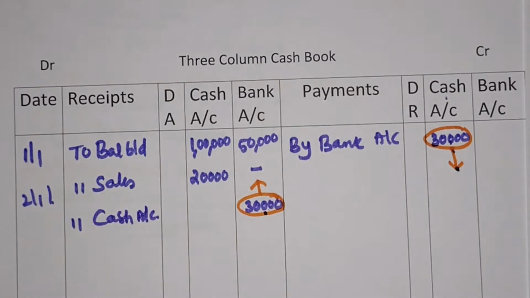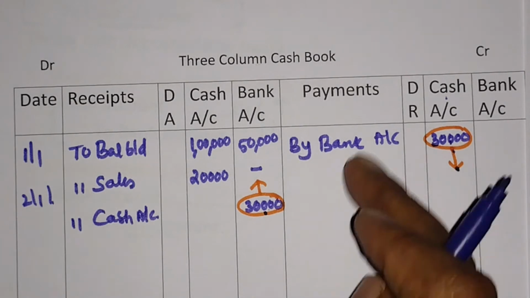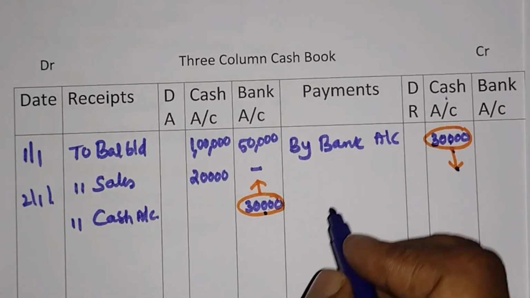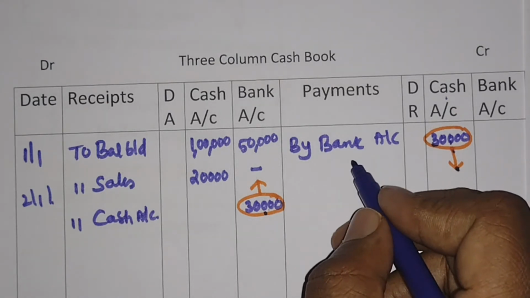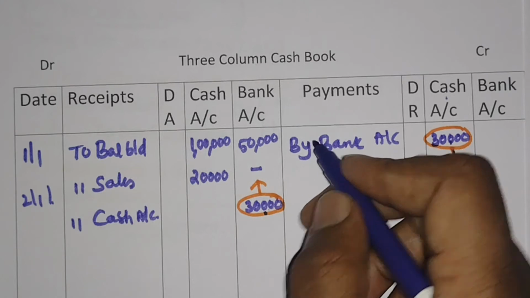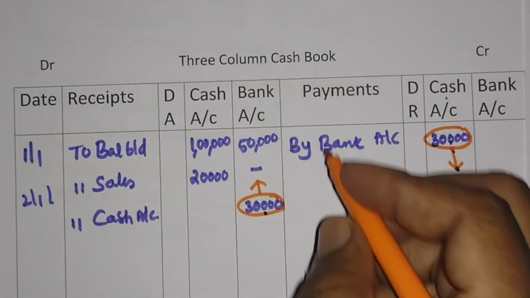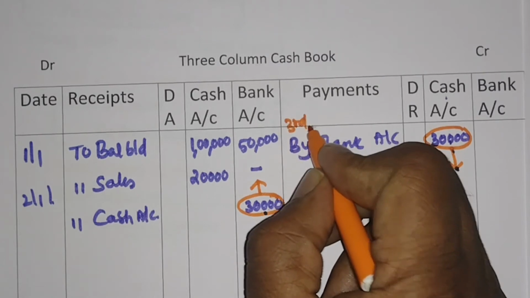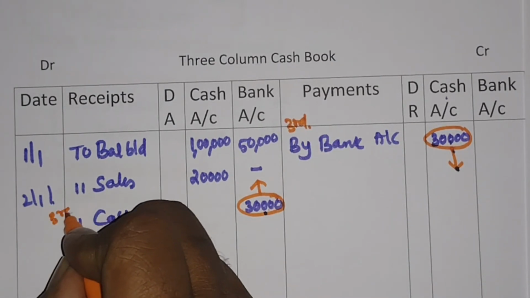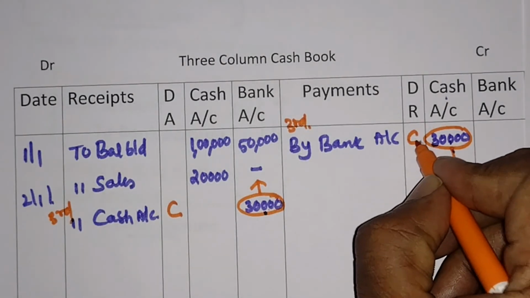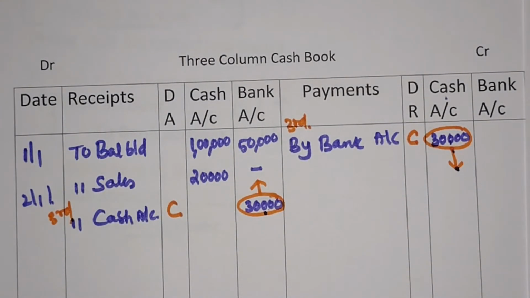That is the reason we discussed in the journal entry that the bank account and cash account only will appear, nothing else will appear in a contra entry. Sorry, the date column is missing here, so next to that I'll write the date. It is the third one, contra entry. I write this as contra entry.